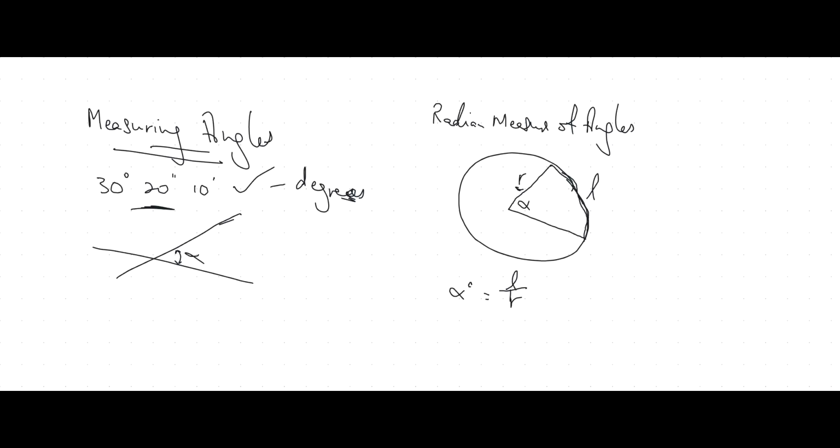As a matter of fact, this measure of angles is what is used largely in calculus. All the findings in calculus are applicable, or they're valid, for angles measured in radians, right?